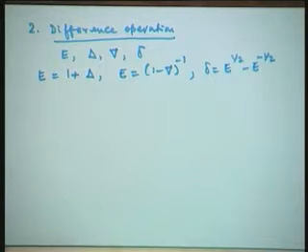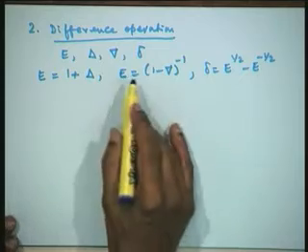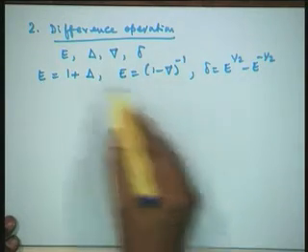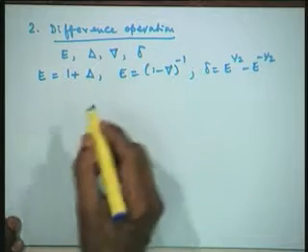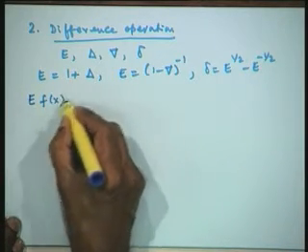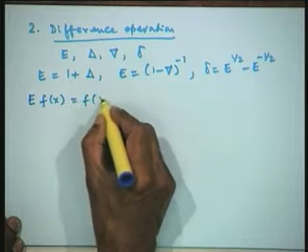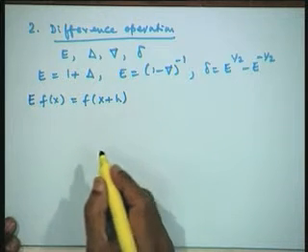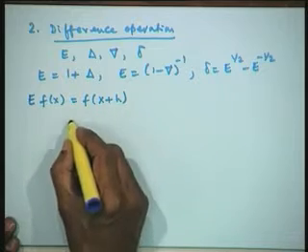Now, we have also derived the relationship between the dy by dx derivative operator and these operators. Let us just re-look into that particular aspect. If I write E of f x, which gives me the shift by one unit, that is f of x plus h, let us write the Taylor series of this.